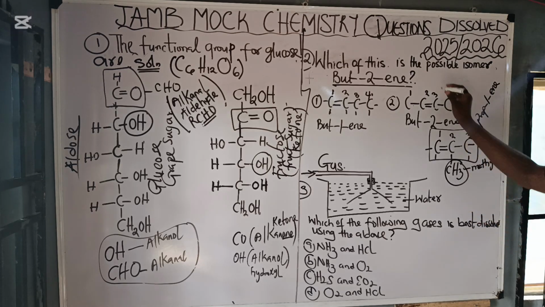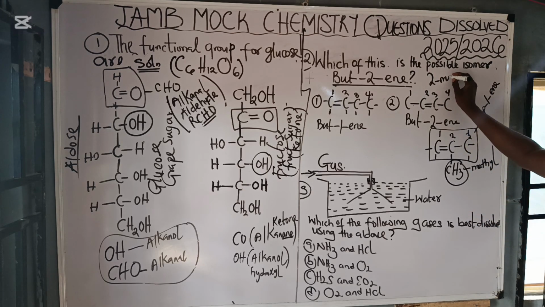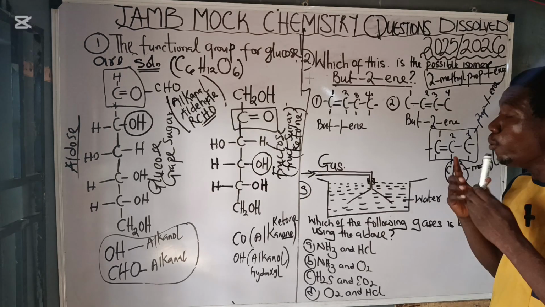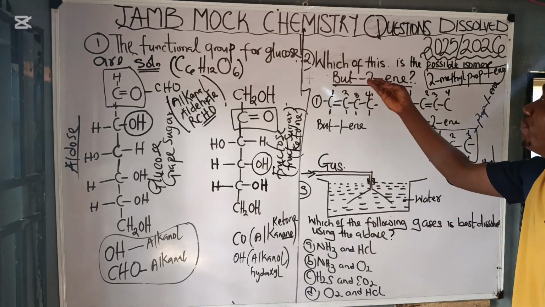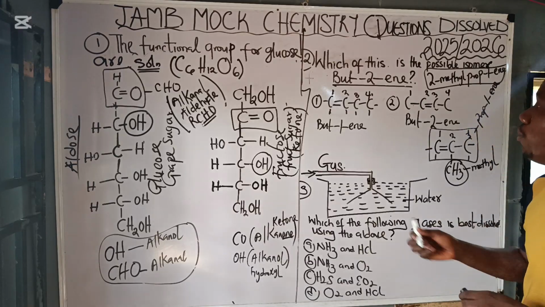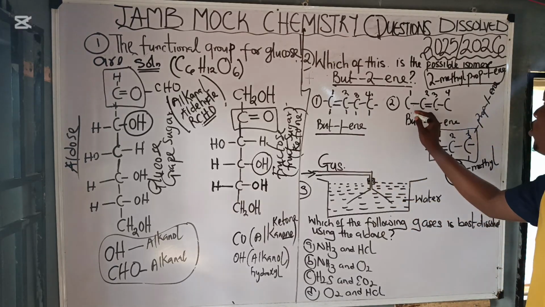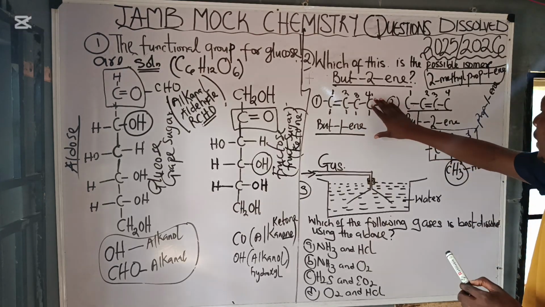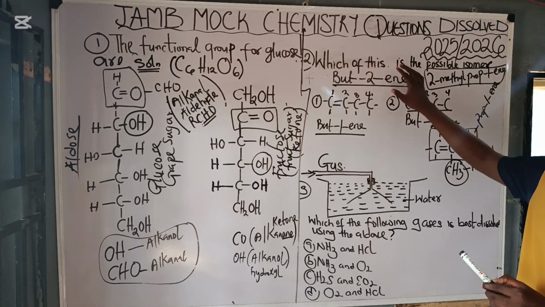So the compound is best called 2-methylprop-1-ene. Please follow me carefully. So in conclusion, we can say that the compound butene has 3 possible isomers. Isomer number 1, isomer number 2, and isomer number 3. So any of them that you see in the options is an isomer of the compound.